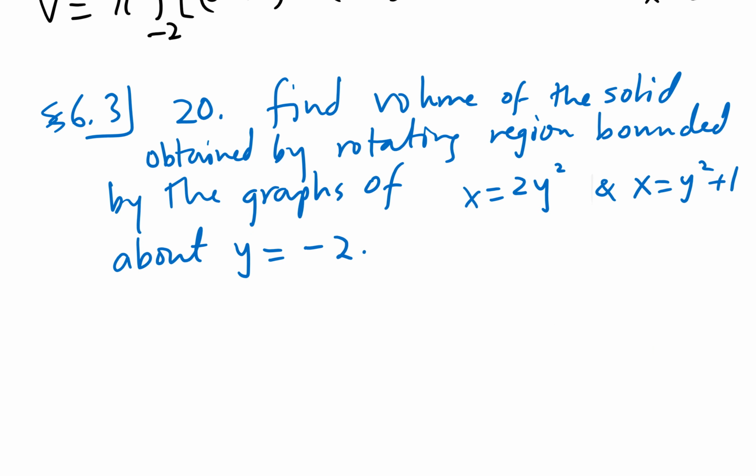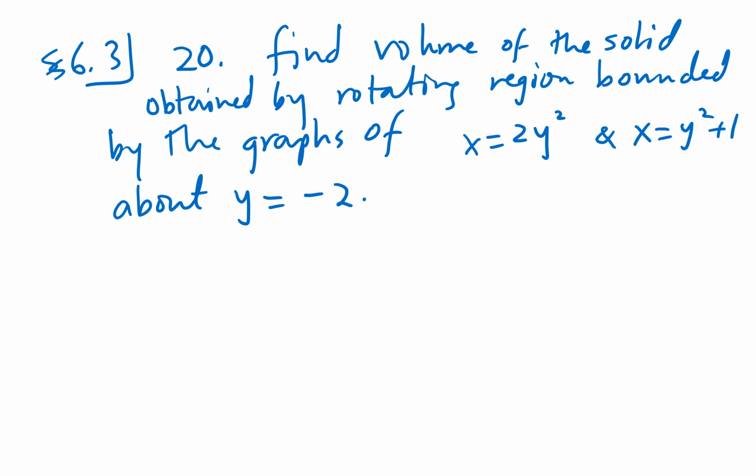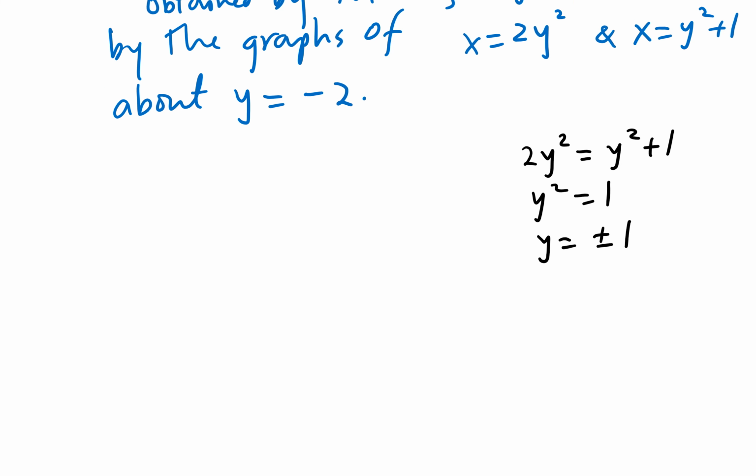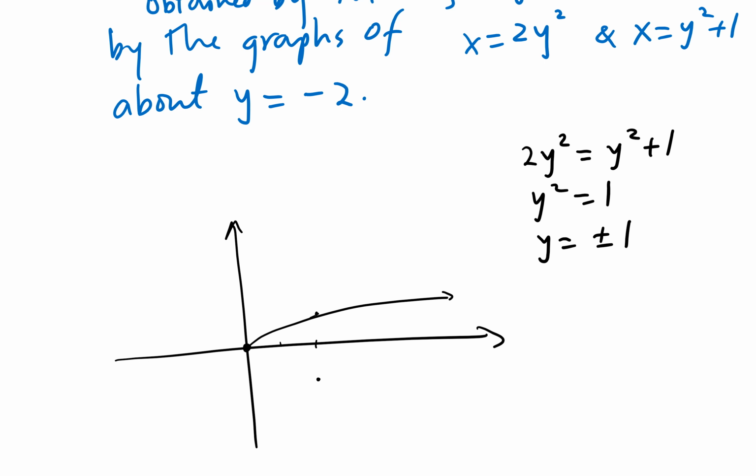So first we're going to find where they intersect, and then graph them. We set them equal to each other. The x equals x, subtract y squared, so y would be plus or minus 1. Now let's sketch the graph. The first one, x equals 2y squared: when x is 0, y is 0. When x is 2, y is plus or minus 1, so it goes like this.